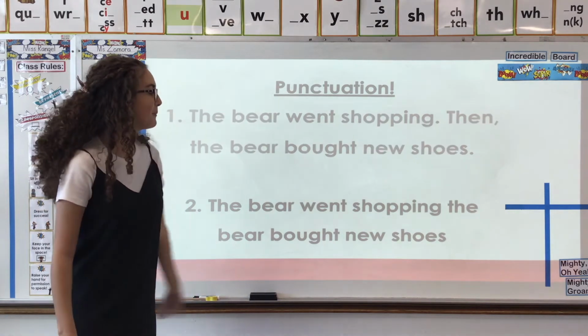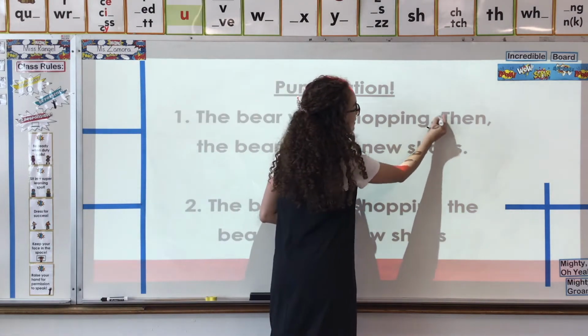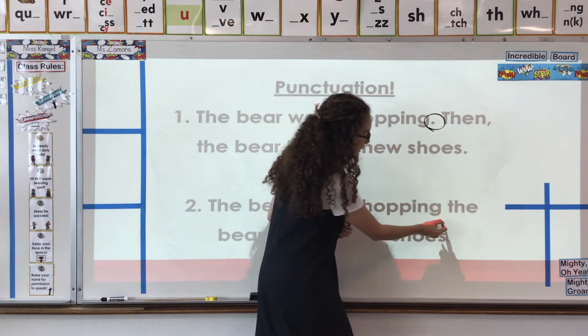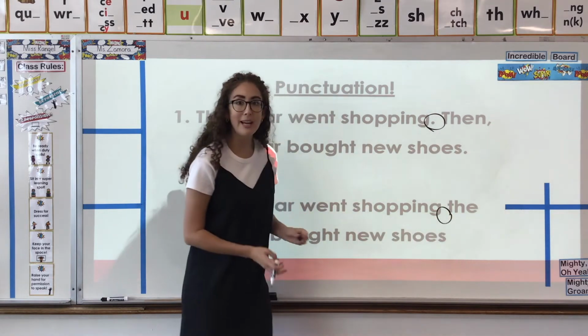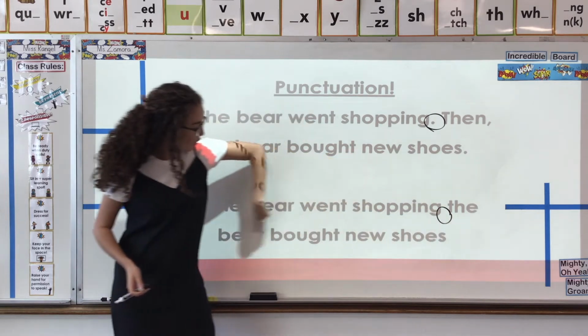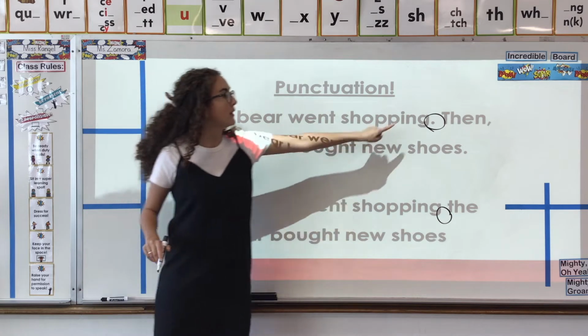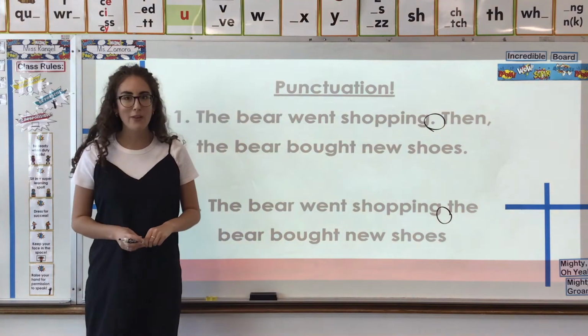It is number 1. Number 1 has a period in between the thoughts. Look, there's no period here. And we have 2 sentences. So we need to break them apart with that period at the end of our thought.